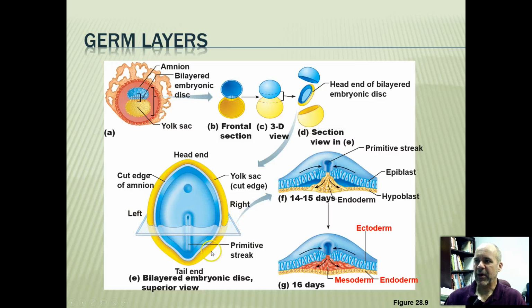And if you cut that open and looked at the side, in a cross section over here, at 14 to 15 days you have 2 layers. One layer is shown here in yellow and one in blue. Then about 16 days it divides into 3 layers, and those are called the germ layers. The inner one, the yellow one here, is called the endoderm. Middle is mesoderm. Outer layer is ectoderm. So that's what you look like at about 16 days.